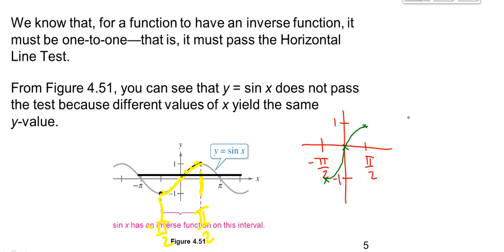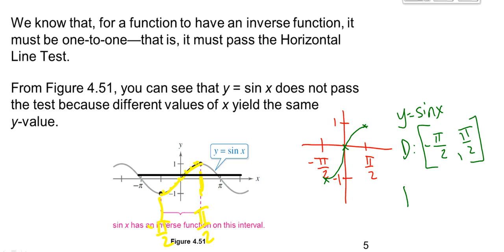For y equals sine x, we're going to restrict the domain to go from -pi over 2 to pi over 2, using brackets because that is included. Then our range goes from -1 to 1 inclusive.